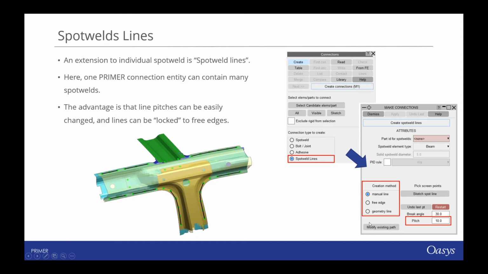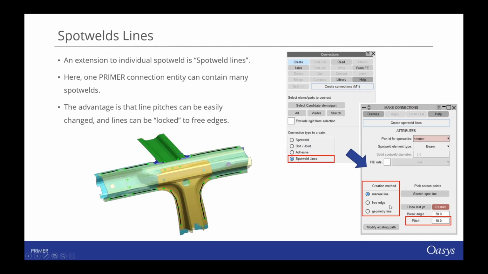It brings up a similar panel to create spot welds where you can define if it's a beam and the part ID. But this time it changes the creation method. So you could define a line manually and select the points in the model.